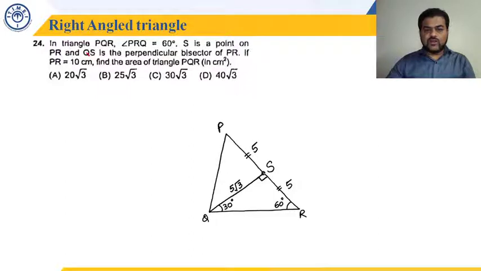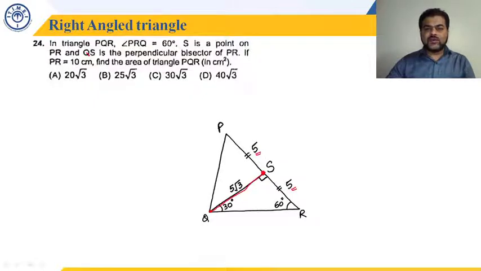QS is the perpendicular bisector of PR. A perpendicular bisector is a line which is perpendicular to a given side and also passes through the midpoint. So this point will be the midpoint of PR, and since PR was given as 10, PS will be 5 and SR will also be 5.